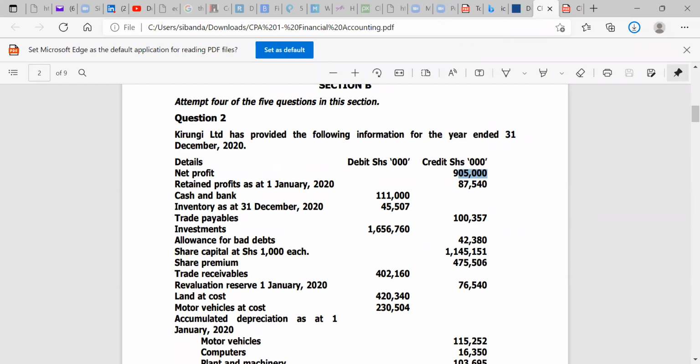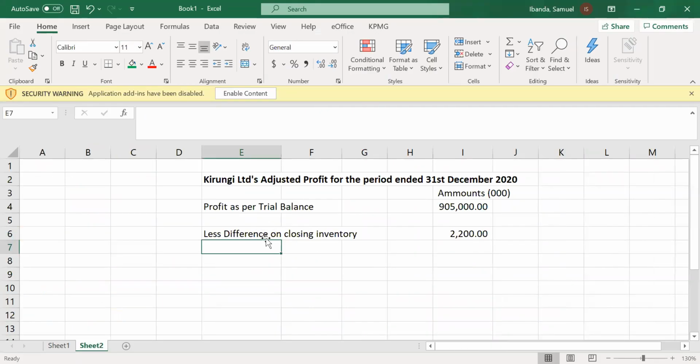So when you're trying to make the adjustment for purchase returns, you will not do what we have done before, because we had taken a wrong figure. Instead of lessing, you're supposed to rather add the purchase returns of 4.5.